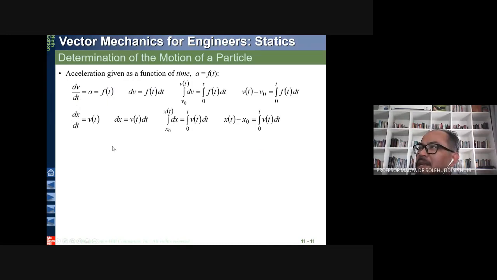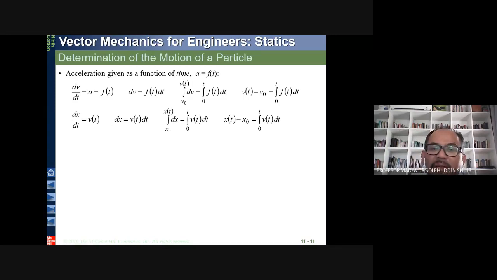Now, the next slide will show you how we obtain the value for acceleration as a function of time.